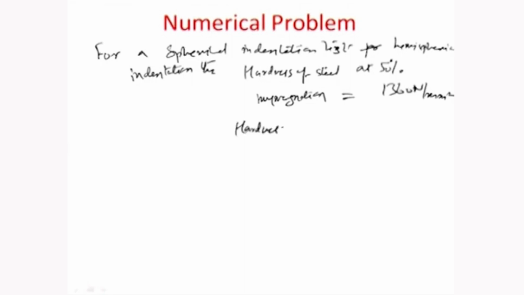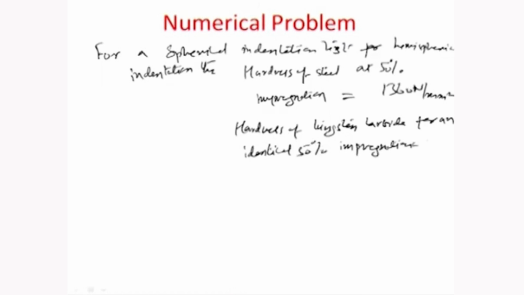So, hardness of tungsten carbide, that is the workpiece material, for an identical 50% impregnation is given to be about 6900 Newton per millimeter square.